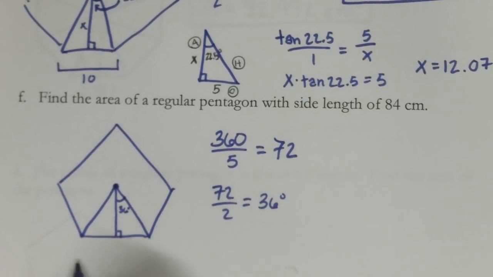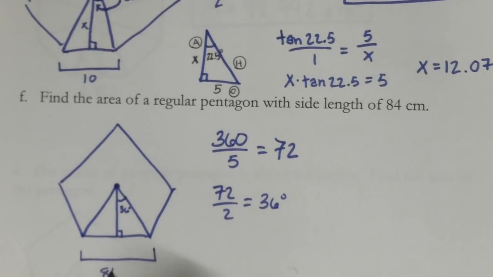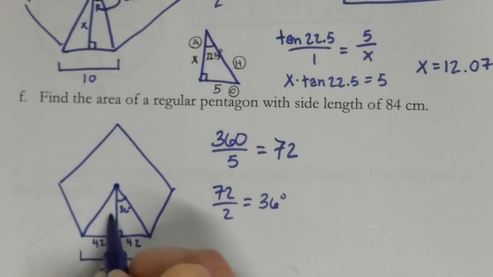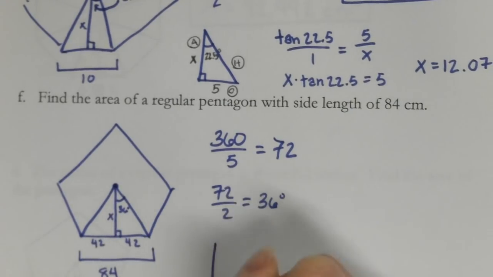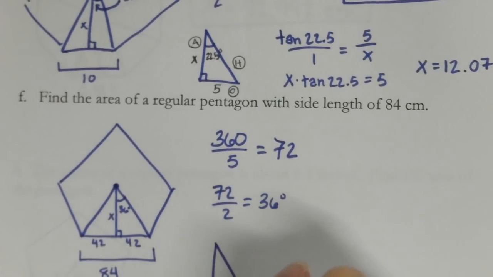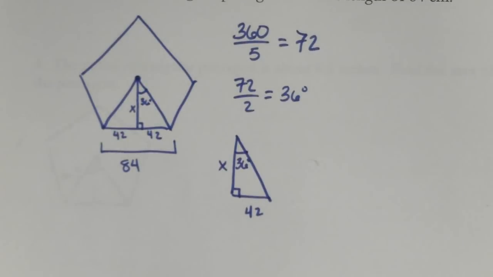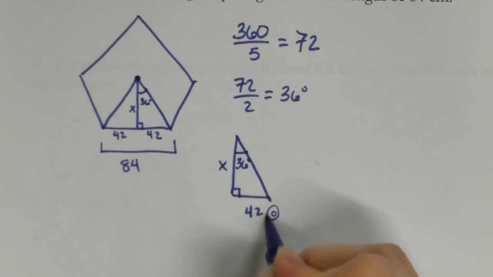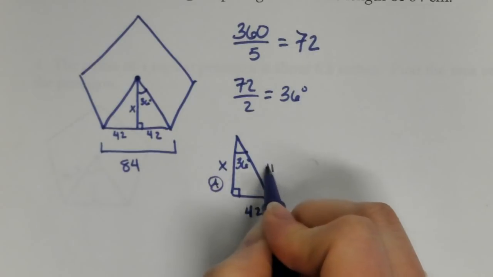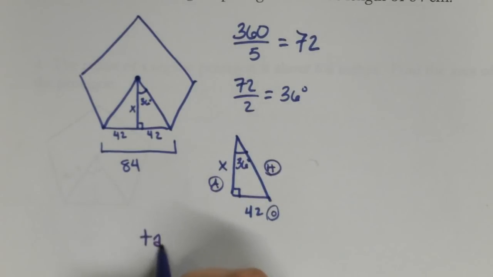So this angle is 36 degrees. Now my side length is 84. This whole thing is 84. So I know that it's 42 and 42. I need to know x. So 42, this is 36. I want to find this. Oops, you can't see it. So this is my opposite, this is my adjacent and hypotenuse. So it's going to be tangent again. It isn't always going to be tangent.